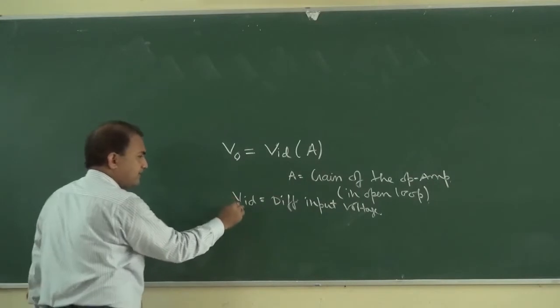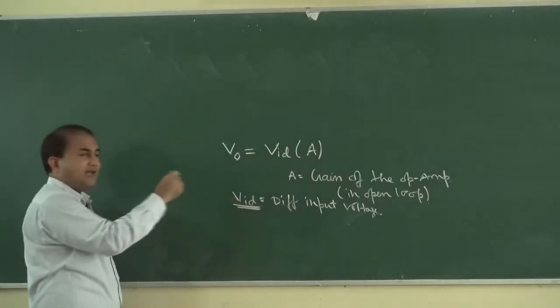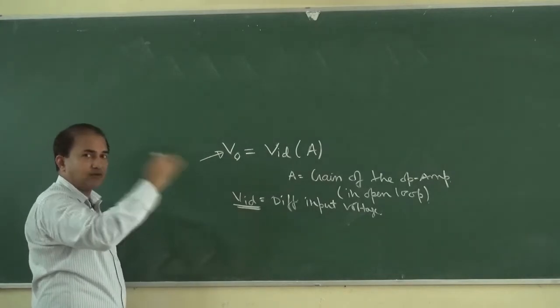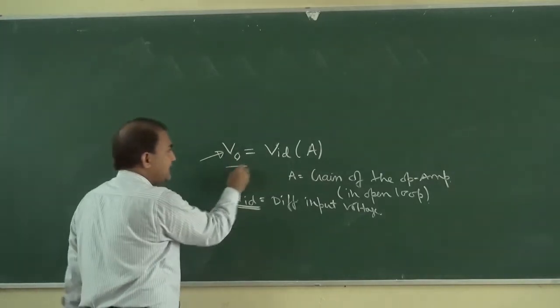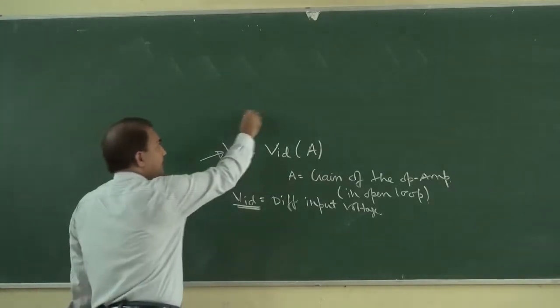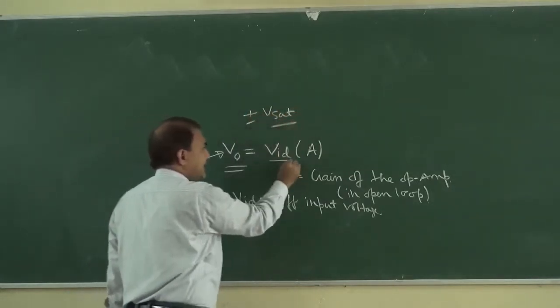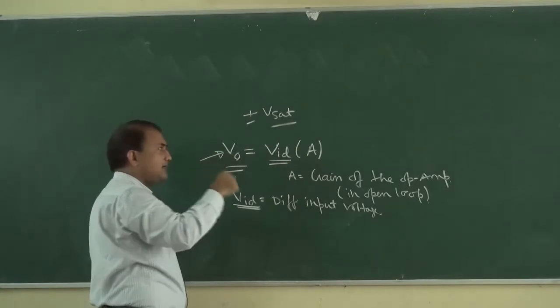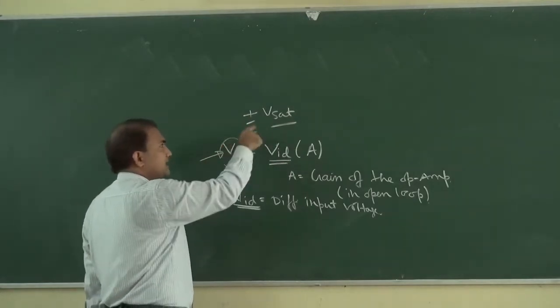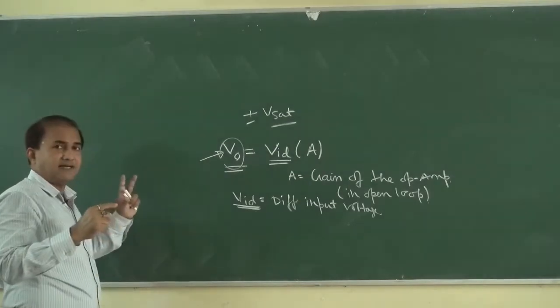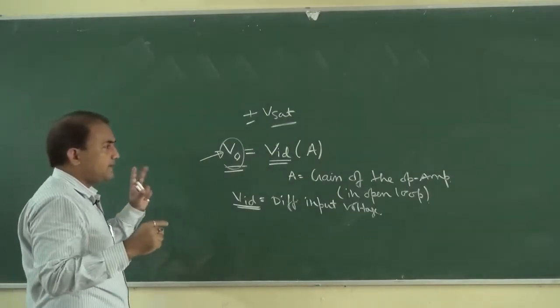So even for very small VID we are getting V output going to saturation. V output achieves plus minus Vsat even for very small VID. This is the main disadvantage of open loop configuration.